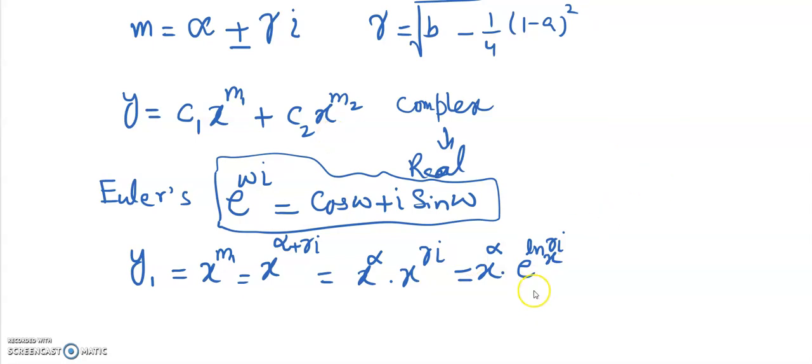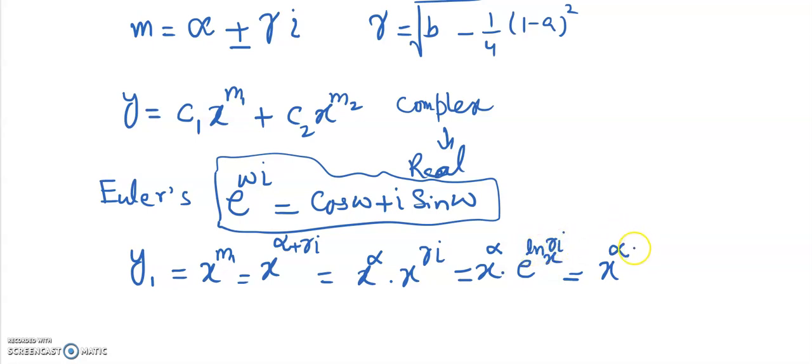So here we have x to the power e to the power log x to the power gamma i, which is basically the same as x to the power gamma i. But we can further write it like this: x to the power alpha. From the log x to the power gamma i, we can take gamma i outside of the log.